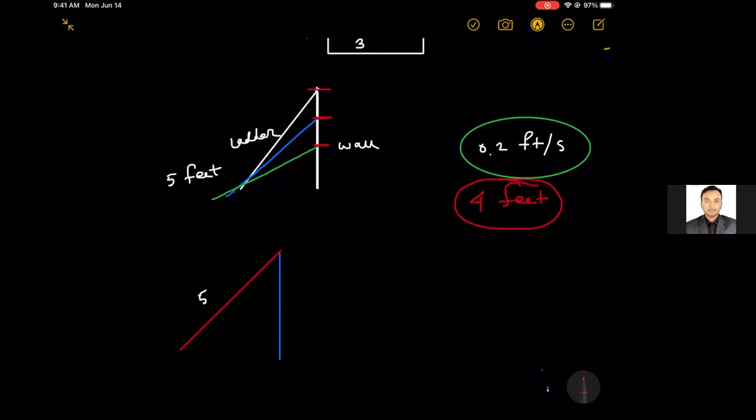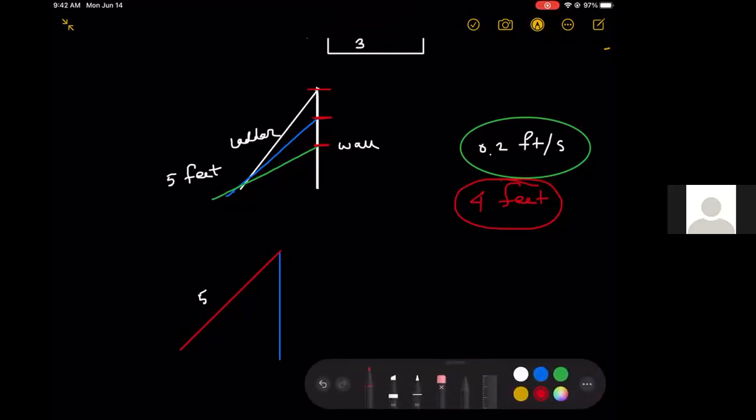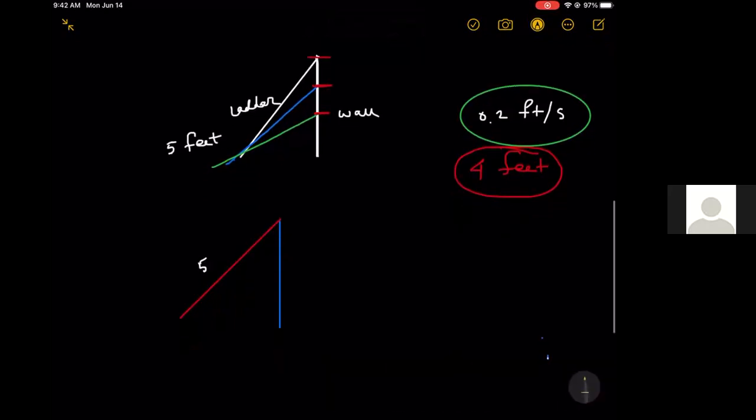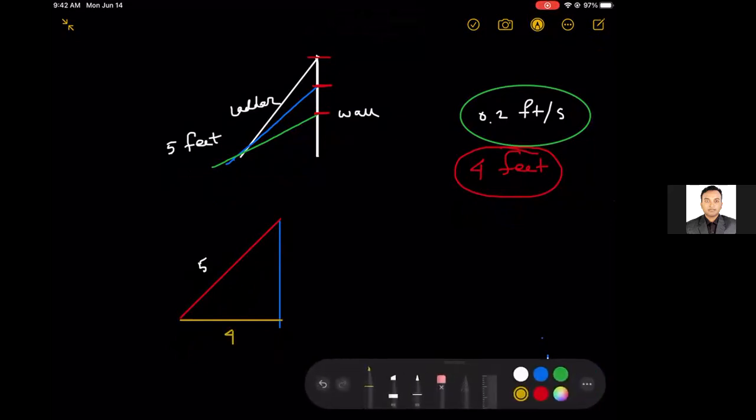If you can understand it, your problem is half done. Would you find the rate of change of that length, the ground length, and then use the Pythagorean theorem to find the height? Very good. So this 4 feet is basically this length. Do you agree?